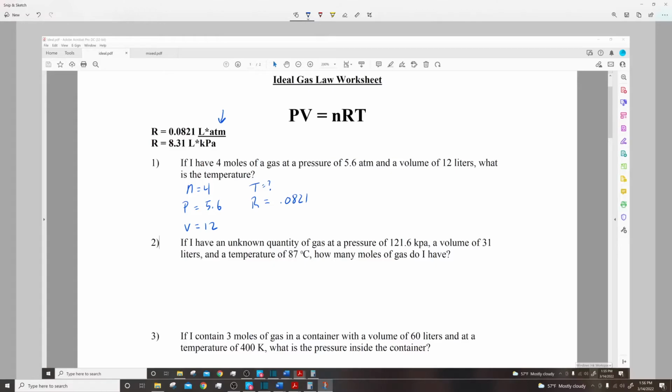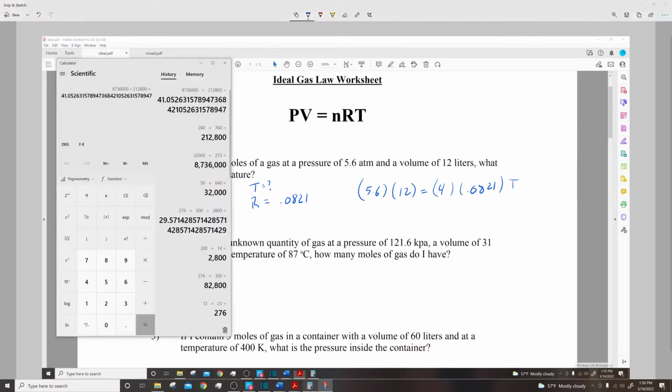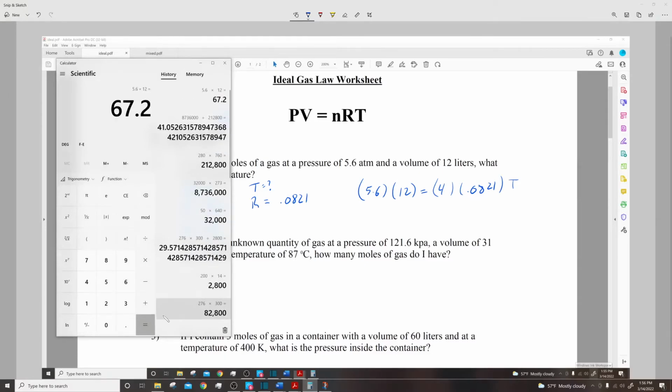Now we just plug stuff in. So we've got PV, so 5.6 in parentheses, times 12 in parentheses, equals 4 times R, 0.0821, and we're solving for T. So let's plug that into our calculator. 5.6 times 12 gives us 67.2.